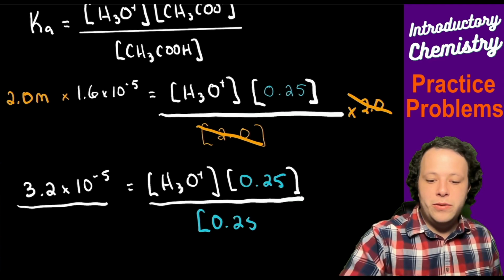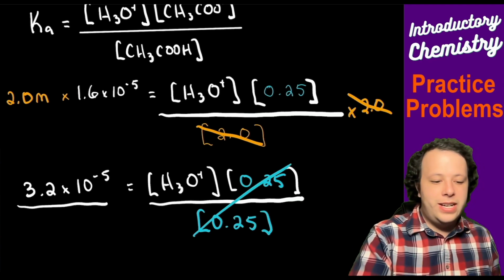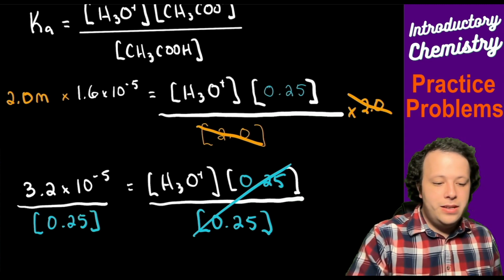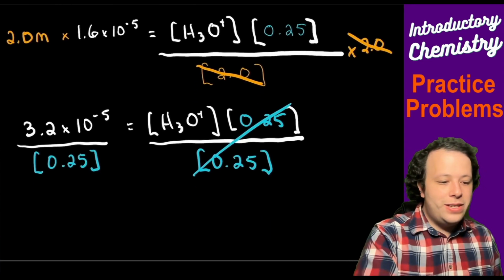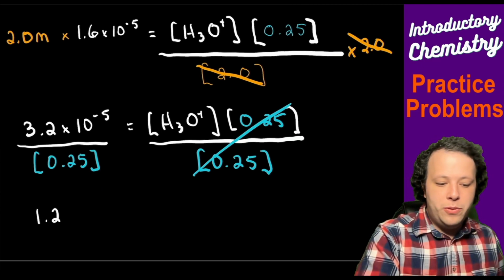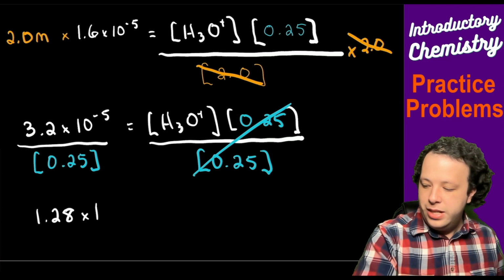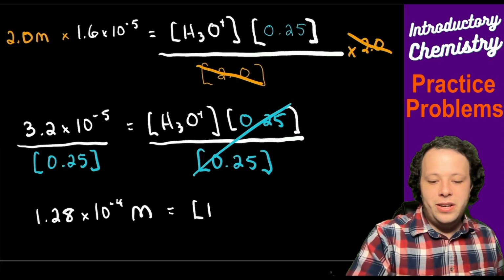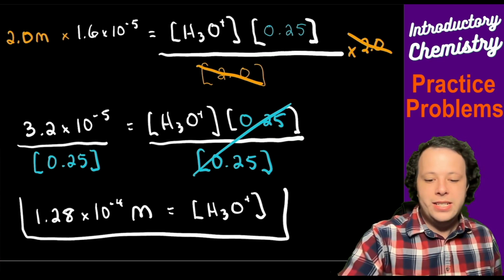So the 0.25s cancel out on the right, and we do the same thing on the left side. Now what that's going to do is give us our concentration of hydronium, which will be 1.28 times 10 to the negative 4 molar. So that's our concentration, so that is one answer.